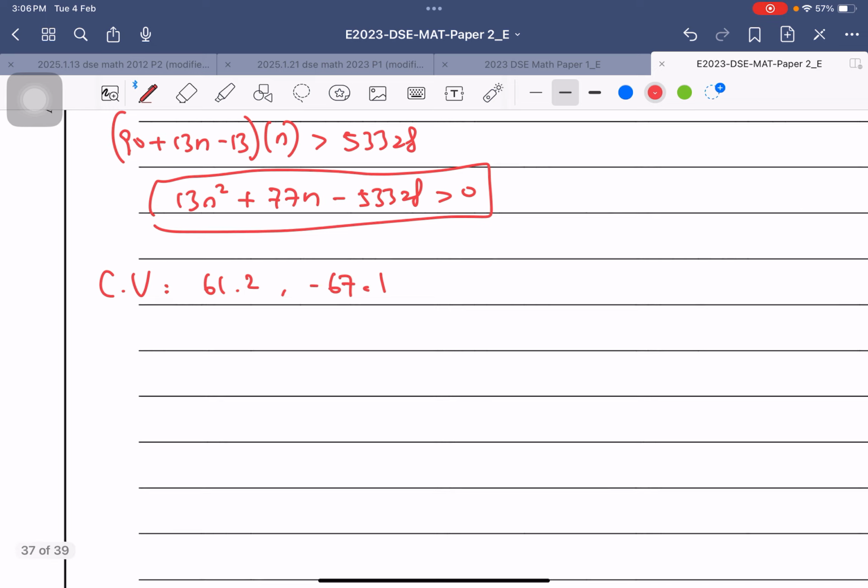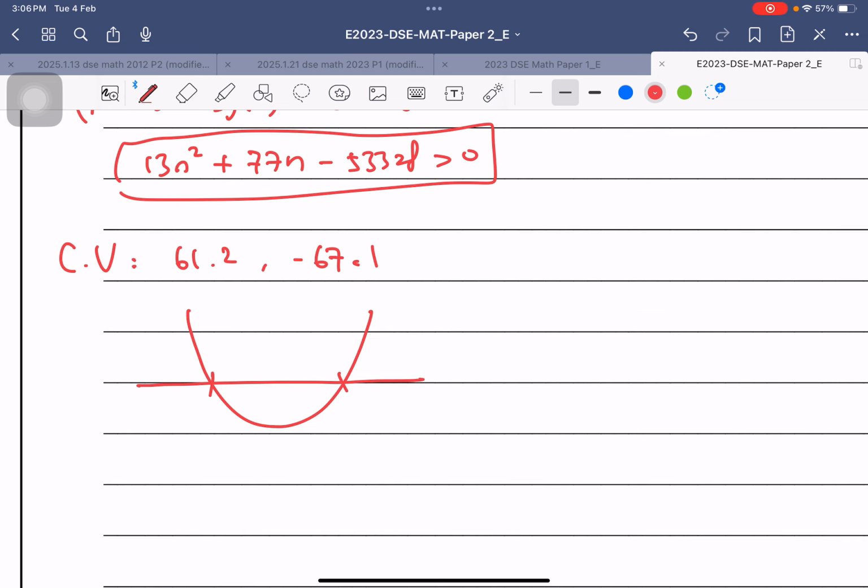Okay, remember what's the next step? Draw the graph. Remember, draw the graph. We have 2 points here. What's the left point? Negative 67.1. And what's the point here? 61.2. I want greater than 0. So I want this or this. Up or down? Up. So that's going to be the two-sided.